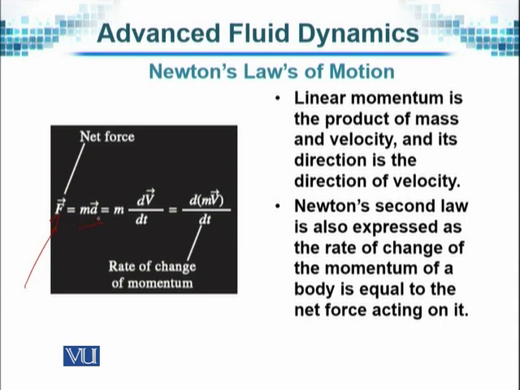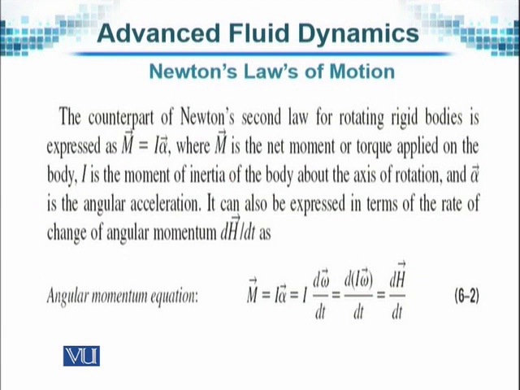As we know, it is again equal to m dv by dt, and it is equal to d by dt of (m v). We have already written these things, and this particular term can be described as the rate of change of momentum, because we have defined mv as a quantity that is known as momentum.